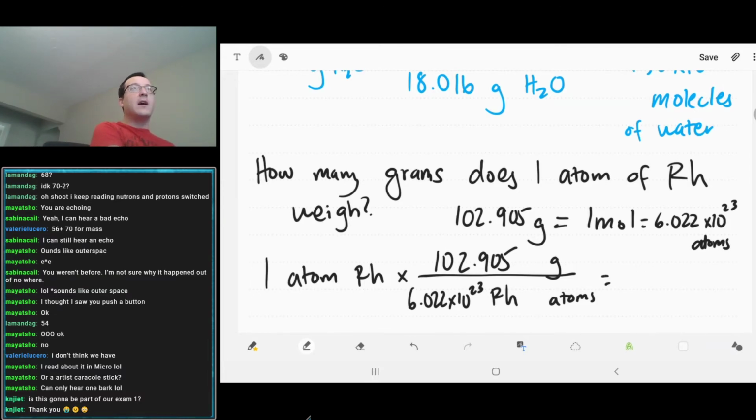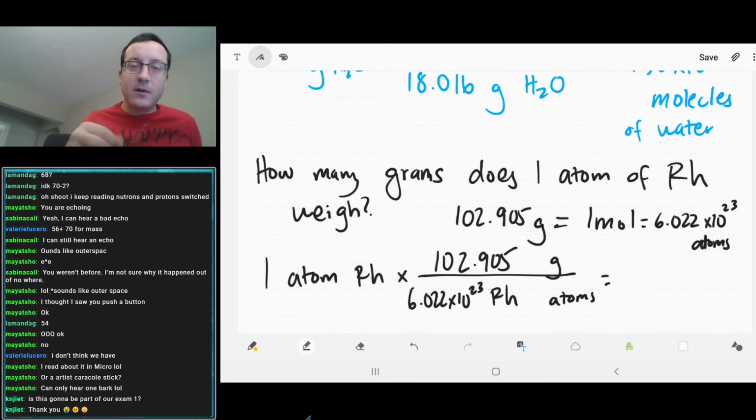And we can go ahead and see how much one atom happens to weigh. So 102.905, 6.022 times 10 to the 23rd. Okay, there we go.